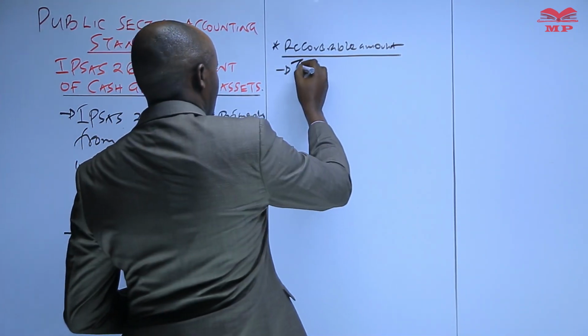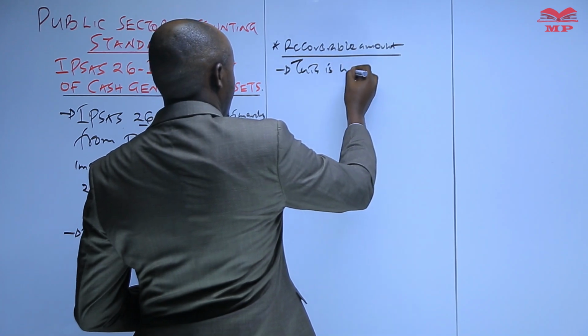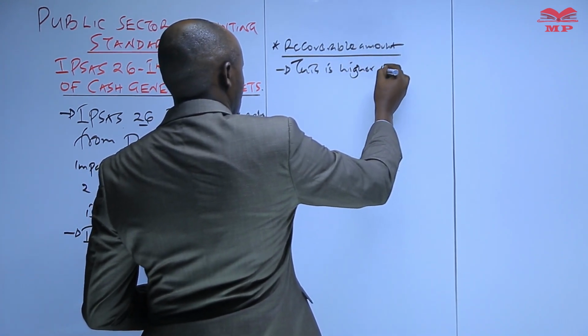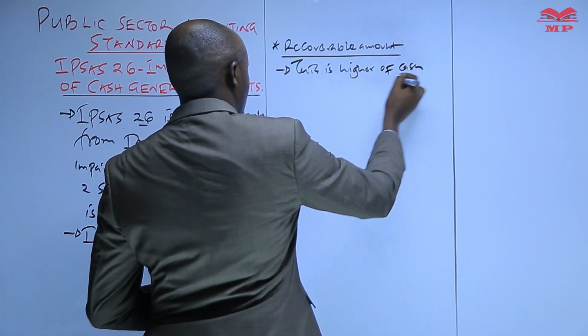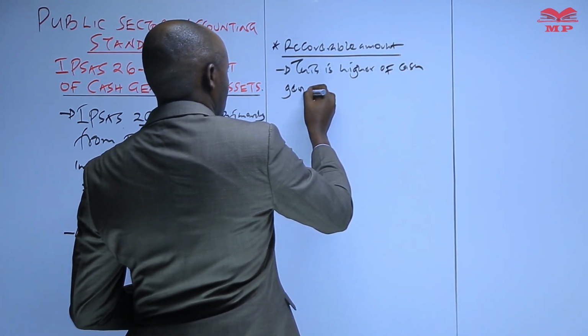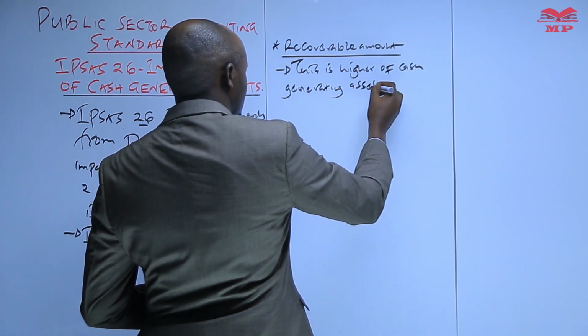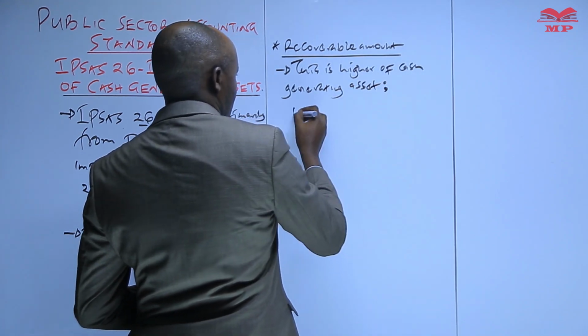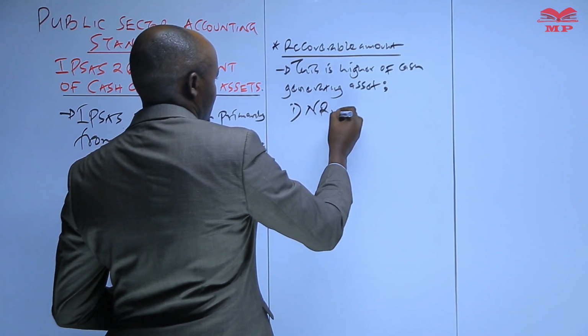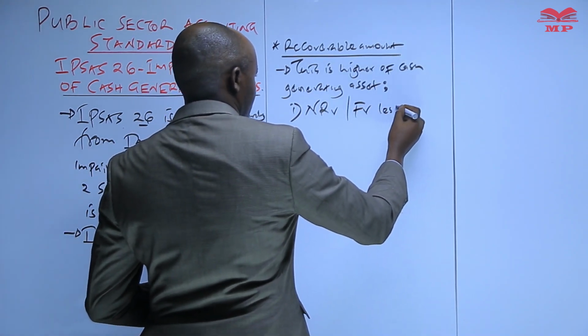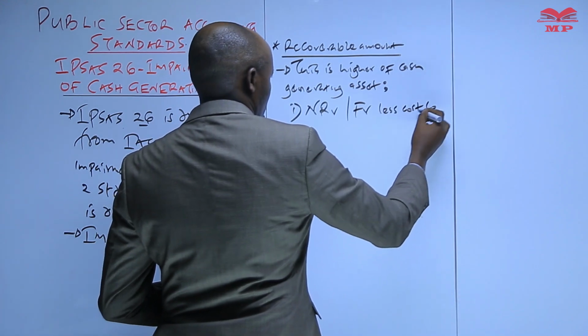So basically we can say this is the higher of, for cash generating assets, number one, net realizable value, or the fair value less cost to sell.